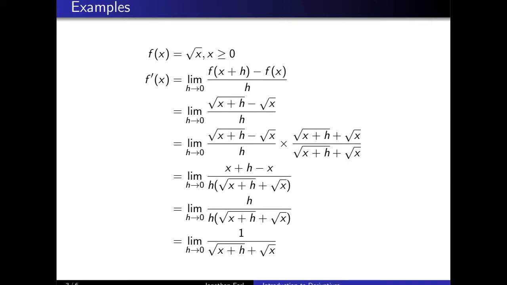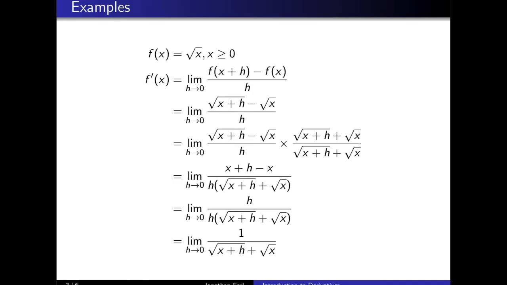And what we have here is square roots that are kind of a hassle, so our numerator is clearly going to 0, our denominator is also clearly going to 0. But what we'd like to do is get the square roots to work in our favor. So what we'll do, as has been typical whenever we've had square roots that have been a hassle, is pull out the conjugate. So we'll multiply both numerator and denominator by square root of x plus h plus square root of x.